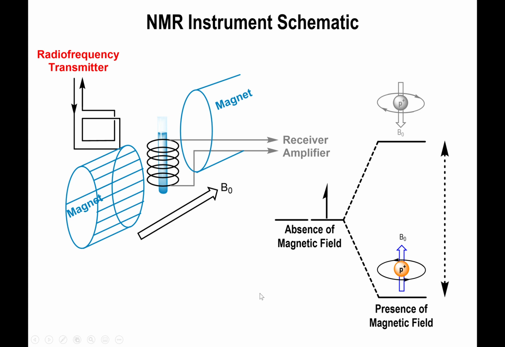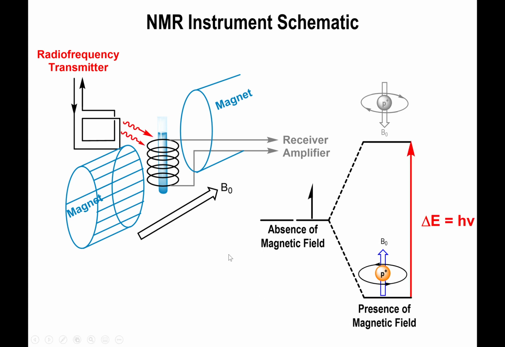So then, in the presence of that magnetic field, you irradiate the sample with radio frequency. The radio frequency is of just the right energy to account for this energy gap from the lower energy state to the higher energy state. So if you send a range of radio frequencies, one of them is going to match up with this energy change.